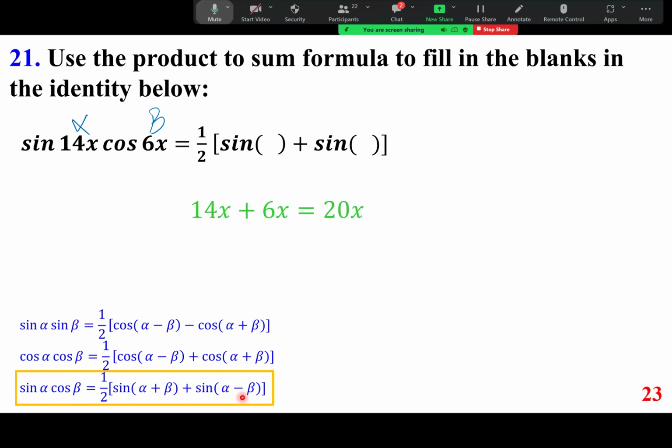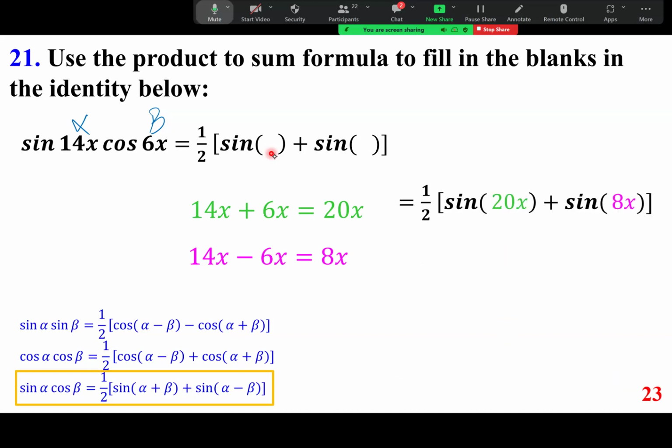And then sine of alpha minus beta, 14 minus 6, 8x. And so this is replaced with 20x. This one is replaced with 8x. And that's the final answer. And that was just an example of the product.